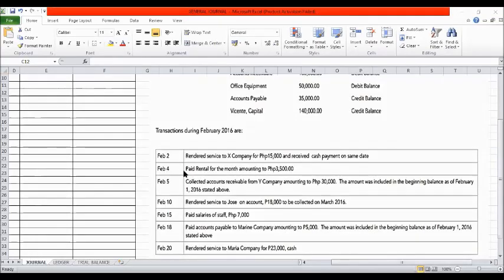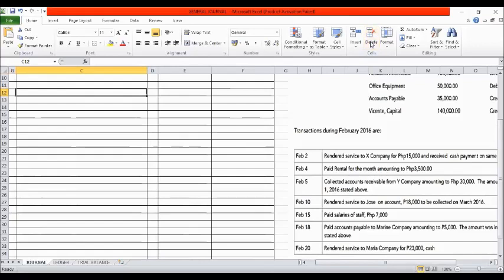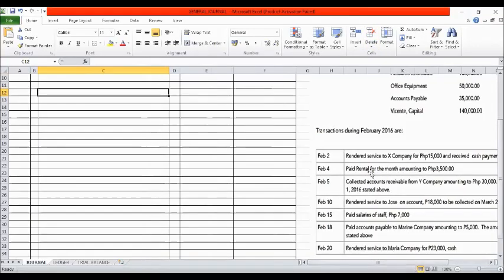So now, sabi niya dito, February transaction. Sabi ko nga, we need to understand each and every transaction. Dito naman daw, nagbayad tayo ng rent for the month amounting to 3,500. So binayaran natin yung rent natin for the amount of 3,500. Ano kaya ang i-debit natin? Nagbayad tayo, so meaning may lumabas na pera dito.